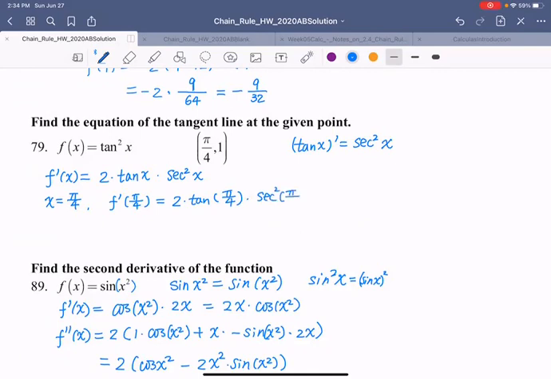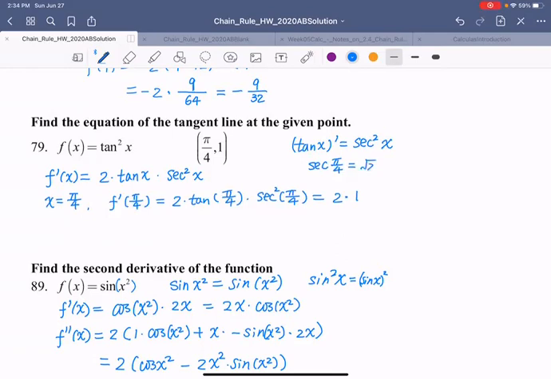It's 1. How much is secant pi over 4? Square root of 2.